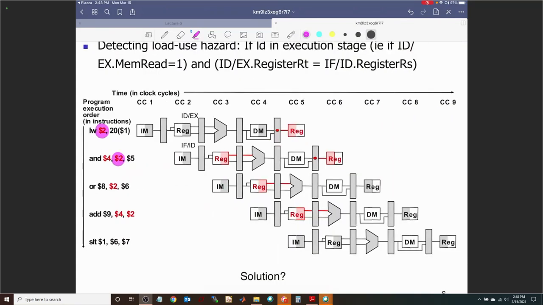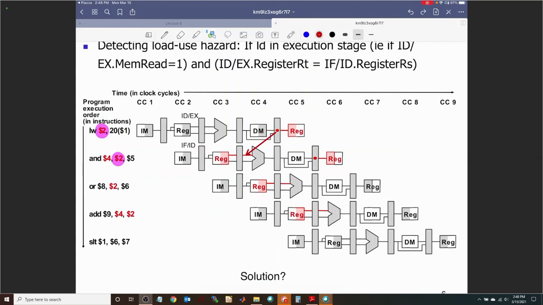So for which of these conditions is the problem and for which of them it is not the problem, right? So if you see this, things are ready over here. I need them here. So I have a problem there, and I also have a problem. I may not have a problem here.